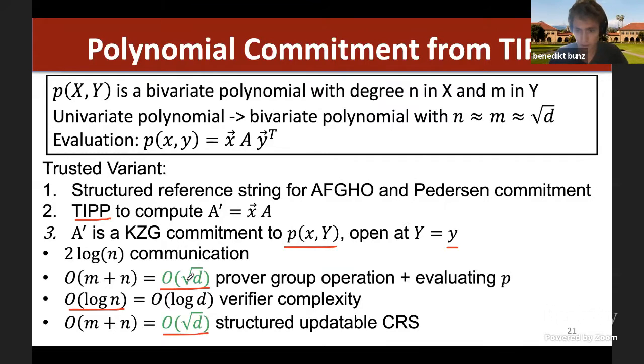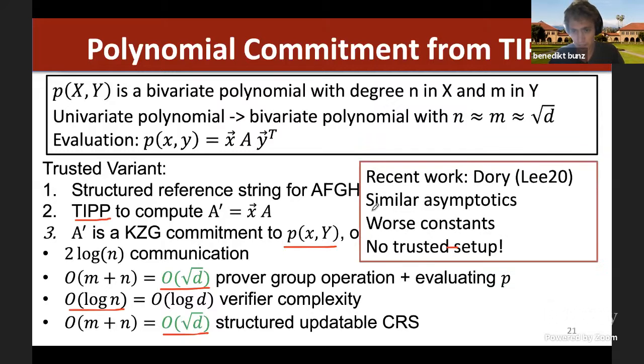And there's been really exciting, very recent work by Lee called Dory, which builds upon our polynomial commitment. So the commitment has the same structure, and it also uses a different variant of the inner product argument. It's a very, very cute protocol. It doesn't fall into our generalization.